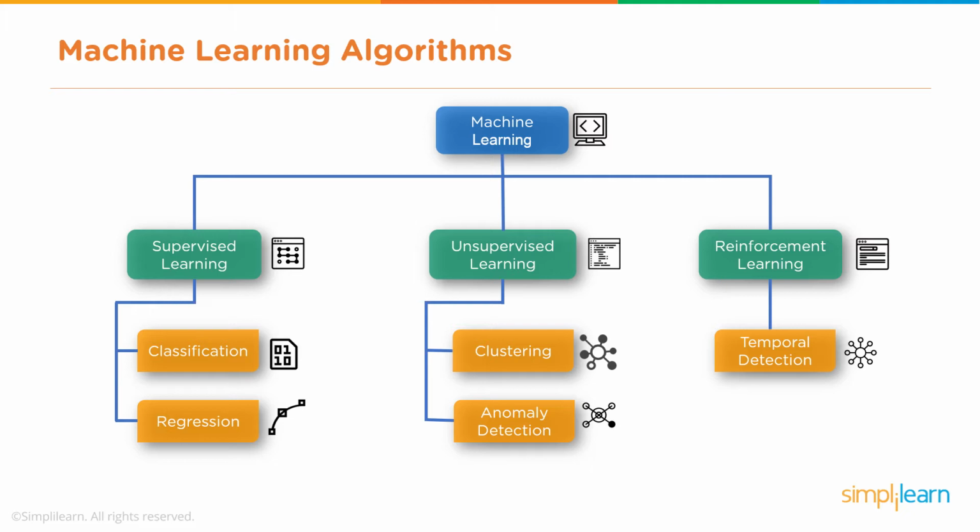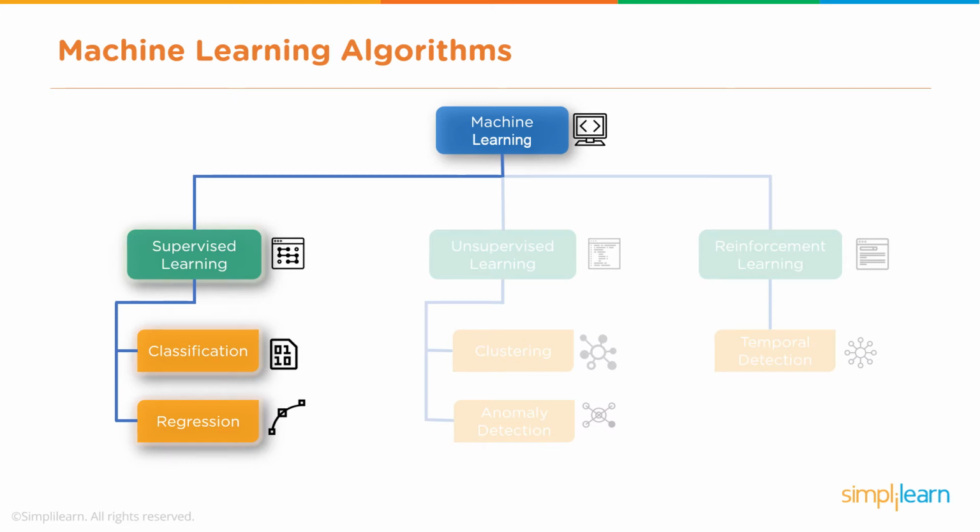And under supervised learning, there are two major types of machine learning algorithms: classification, which we'll cover today, support vector machine, and regression. In classification, you predict categories, and in regression, you generally predict values. While we look at supervised learning, keep in mind that classification can really be considered multidimensional in the sense that sometimes you only have two classes, yes or no, true or false, and sometimes you have more than two classes.